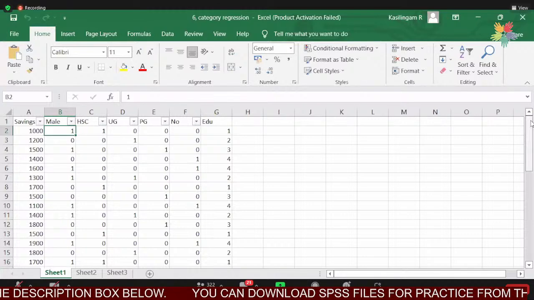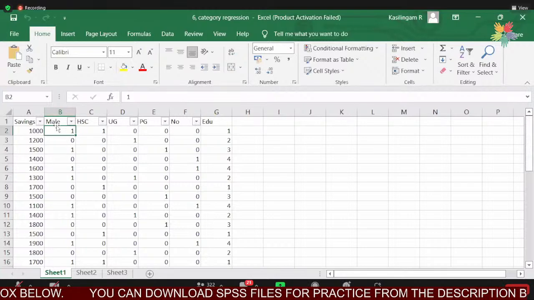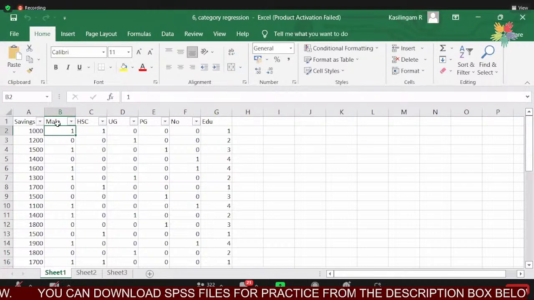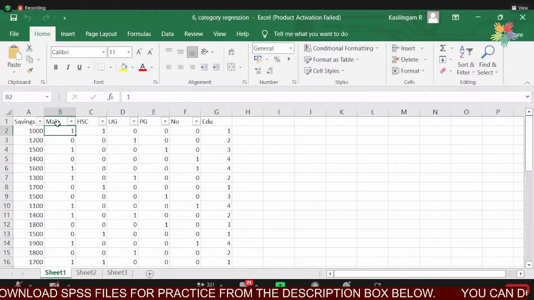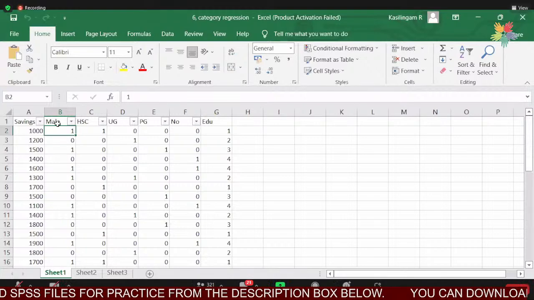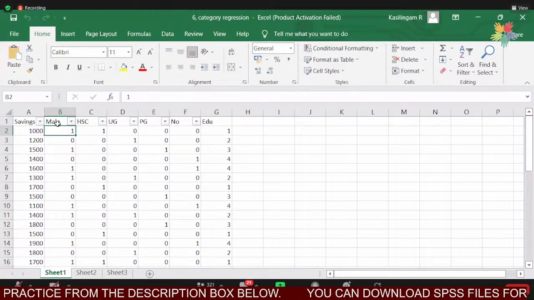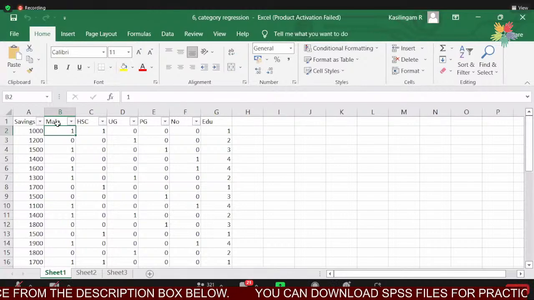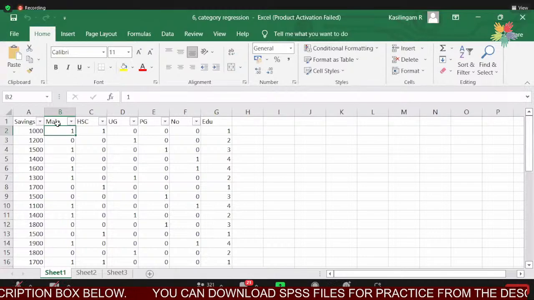Right. See, now first we will try to understand. If it is gender, 2 categories, n minus 1, which means I have to create only 1 dummy. Let us call that a male dummy. What do you mean by male dummy?